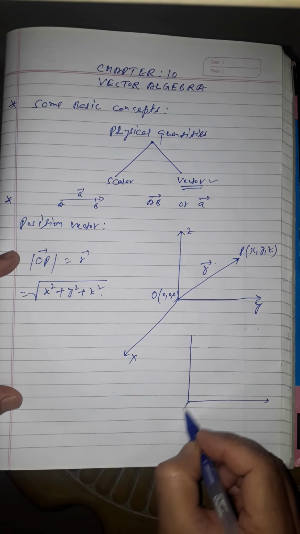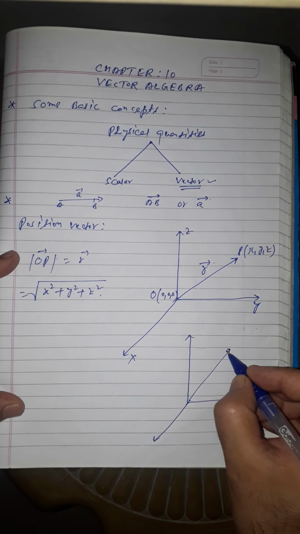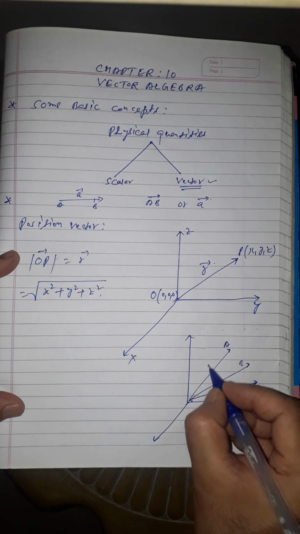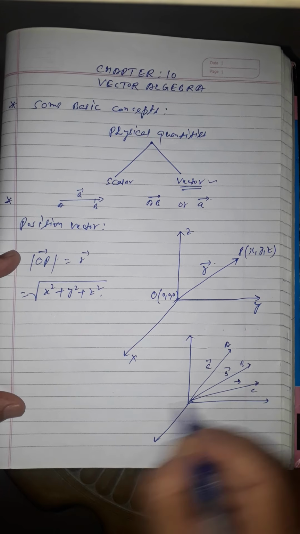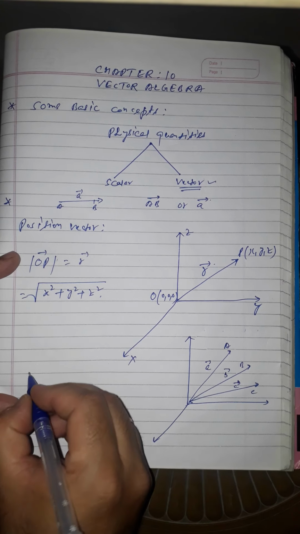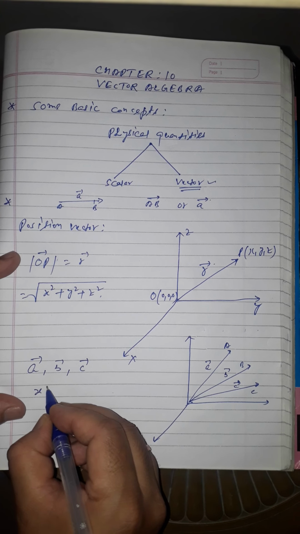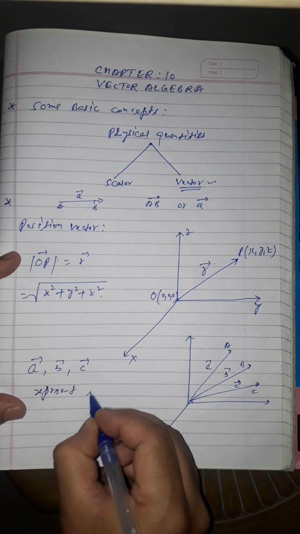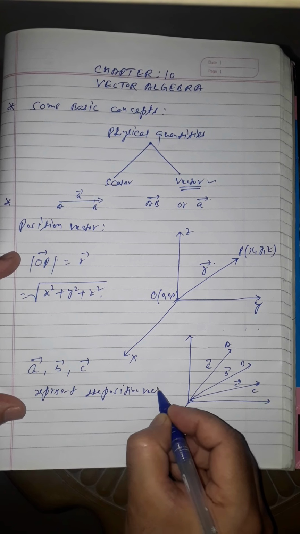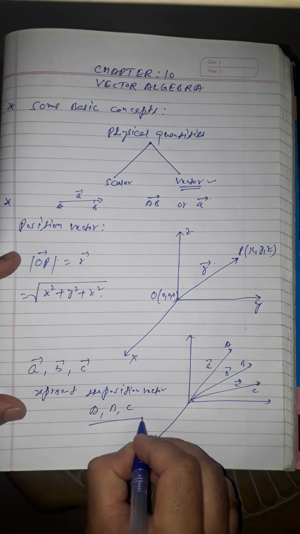Here you can see, students, there are different position vectors, this is A, this is B, and that is C. Now here I am using vector A, vector B, and vector C to represent the position vectors A, B, and C. Right, students?